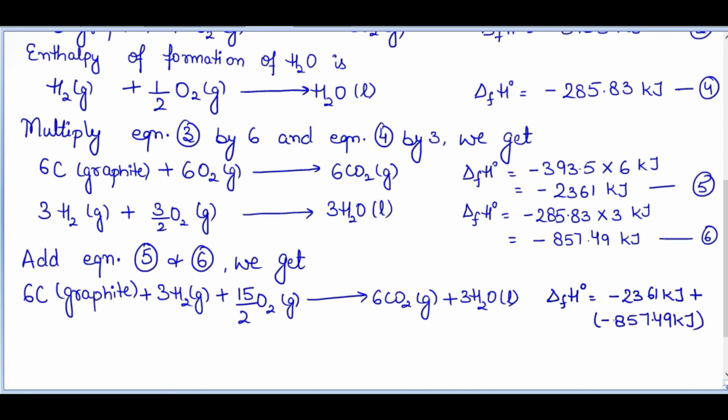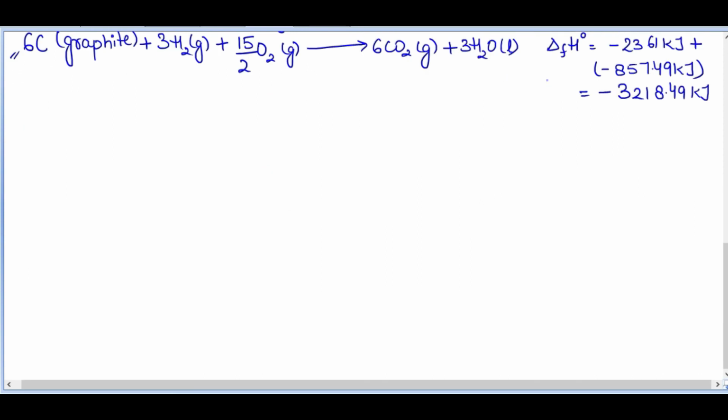Now minus into plus, that means minus, so minus 2361 minus 857 equal to minus 3218.49 kilojoule. That means 3218.49 kilojoule energy is liberated in this reaction. I'll consider this equation as equation 7, right?